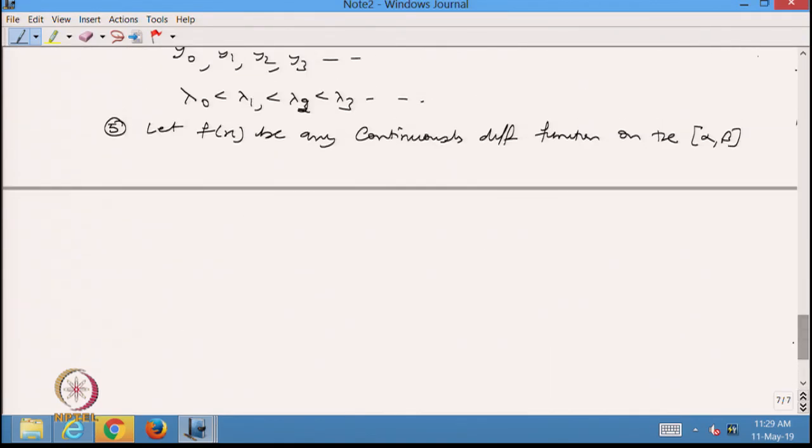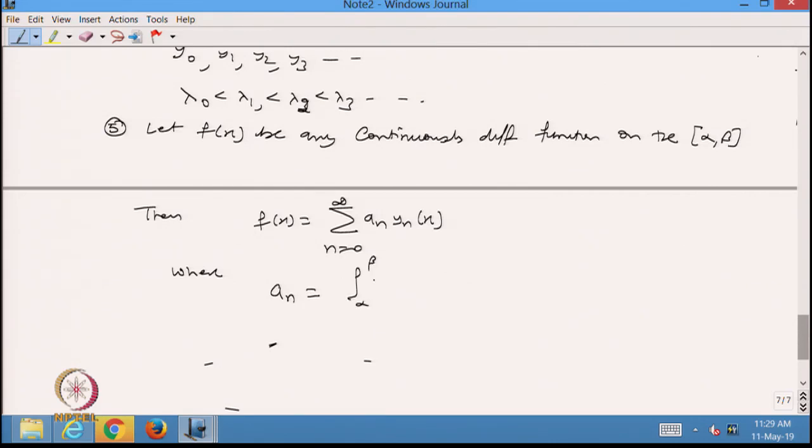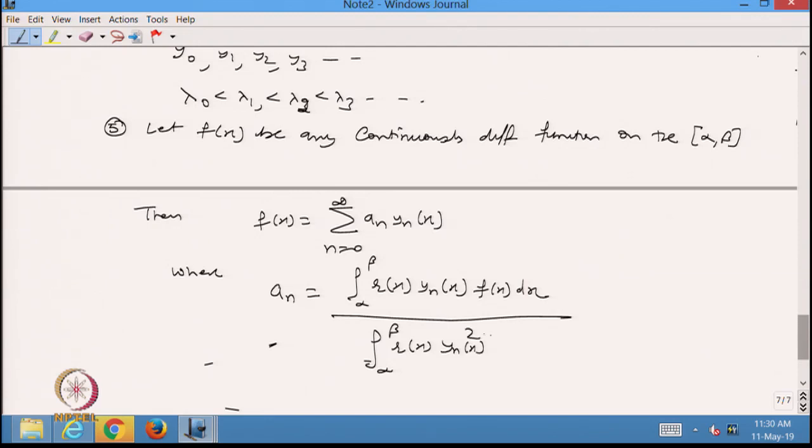Then this function f(x) can be written as a series, the summation of a_n y_n(x), where y_n(x) are the eigenfunctions corresponding to the eigenvalues, and the coefficient a_n is the integral of r(x) y_n(x) f(x) dx divided by the integral from alpha to beta of r(x) y_n(x) squared dx.